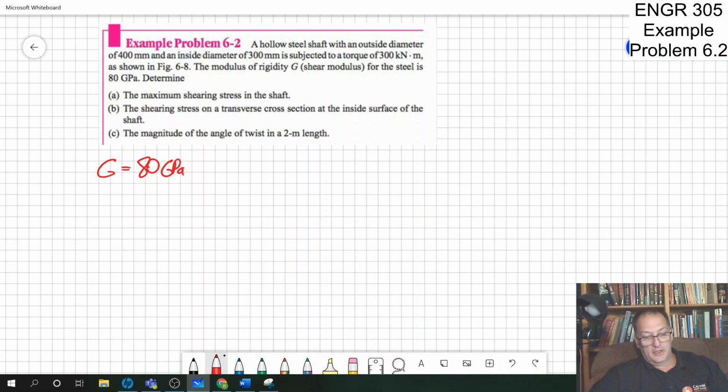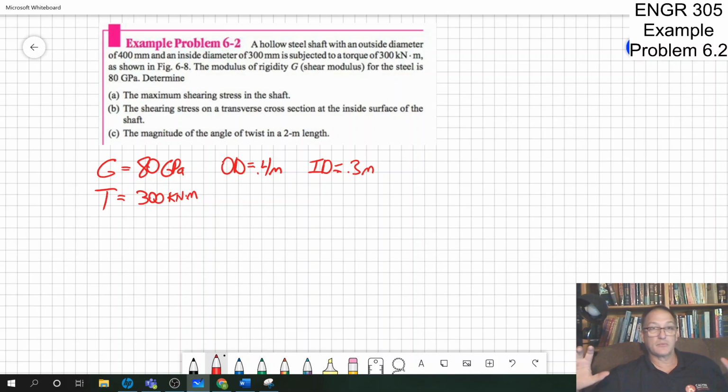OD is 0.4 meters, and the ID is 0.3 meters, and I've got a torque. That's my last given, capital T, 300 kilonewton meters.